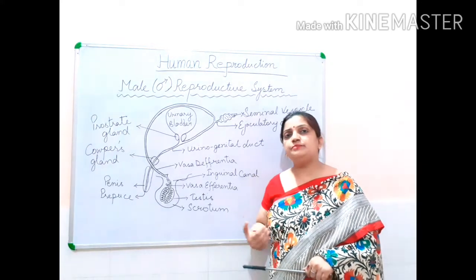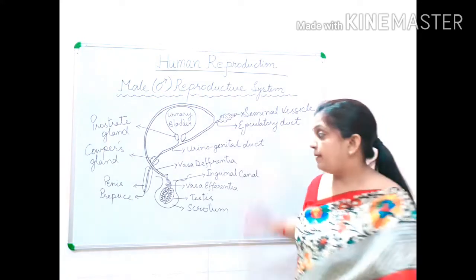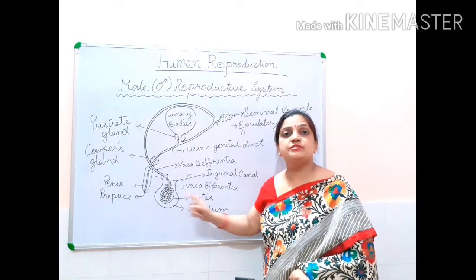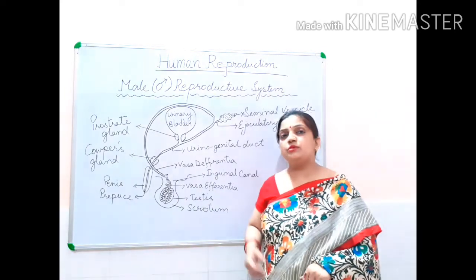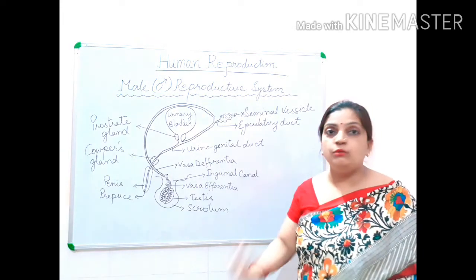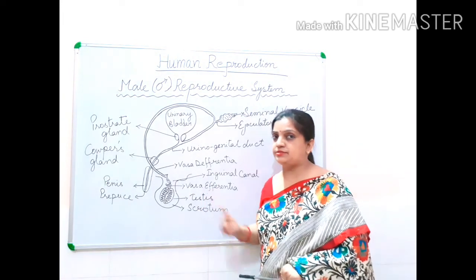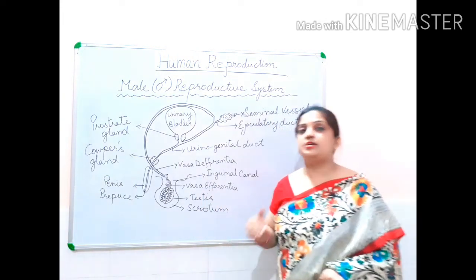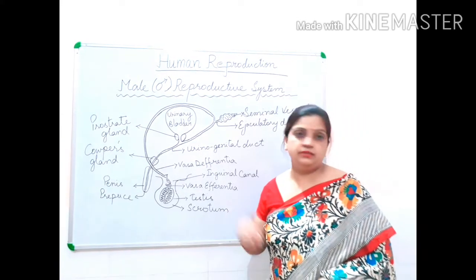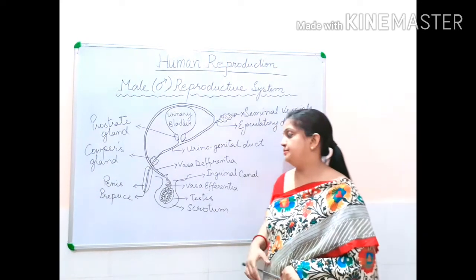The normal temperature of the body is too high for the development of the sperms. Sperms require a temperature 2 to 2.5 degrees centigrade lower, and the development of sperms can only occur at that temperature. Otherwise, the cells responsible for the development of the sperms will not function properly, will not divide, and the sperms will not be produced.